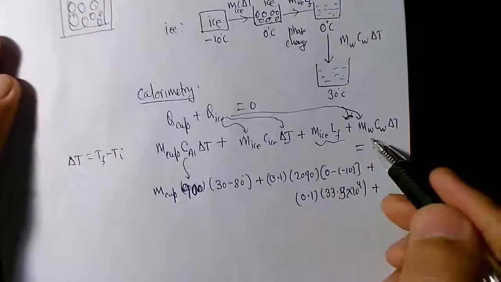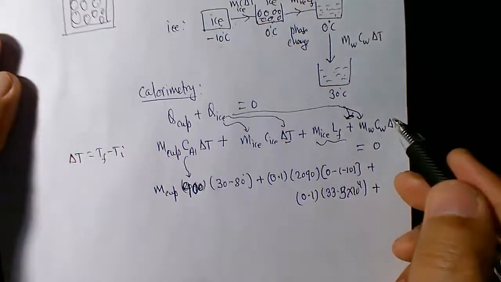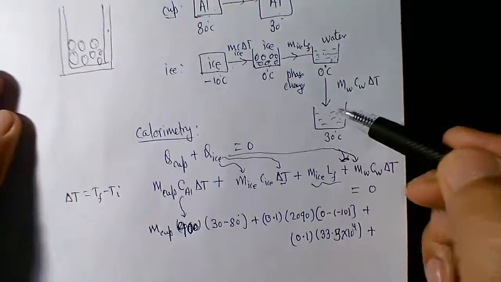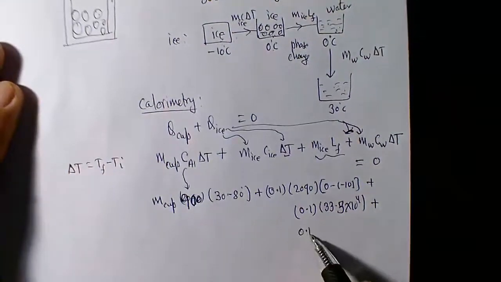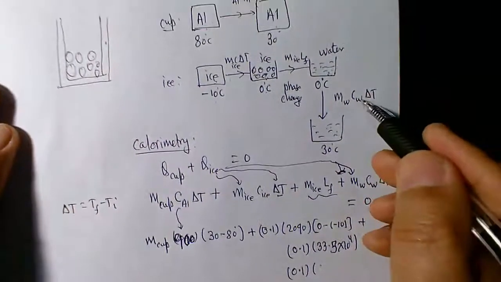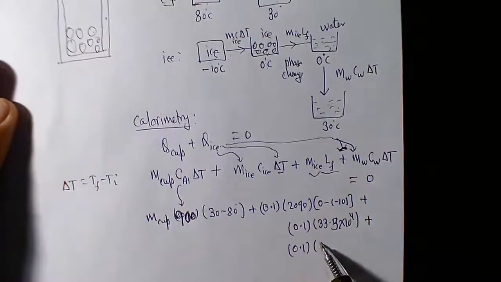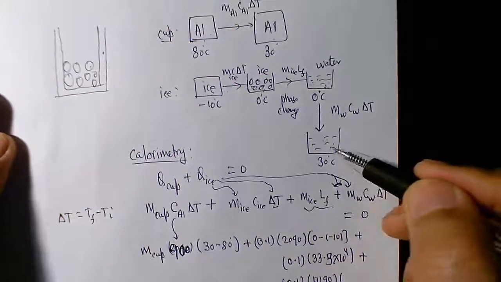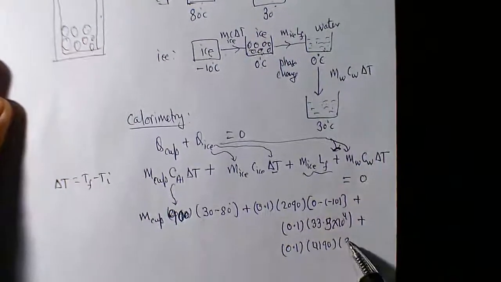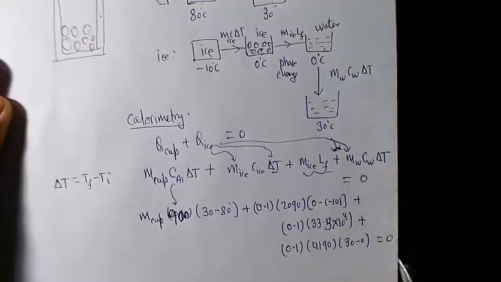Plus the last one is MC delta T for water. So water has gone from here to here. So mass of water, same as mass of ice. Specific heat capacity of water is 4190, if you see the table, and it's final 30 minus 0. This all equals 0.